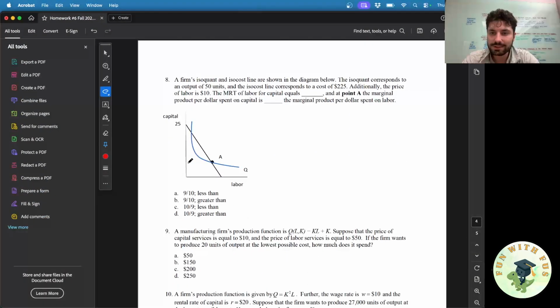A firm's isoquant, okay. The MRT of capital, of labor for capital. So I think this is pretty similar to like homework 2 or something. This is a common one where she'll give you the axis intercept, and then you have to tell how much you could buy total. So if this was 225 bones and I spent 25, that's 9 total capitals.